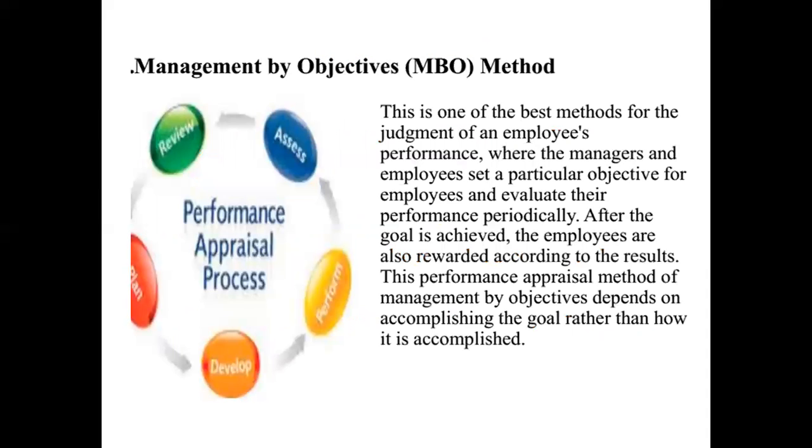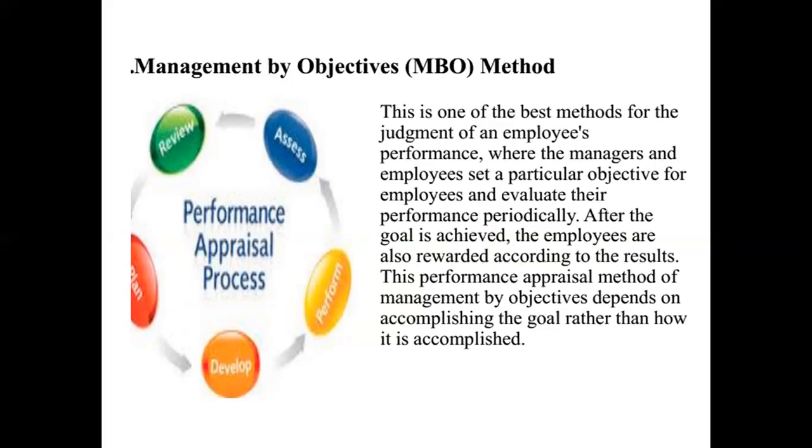Then there is another method, which is the management by objectives method. It requires management to set specific measurable goals with each employee and then periodically discuss the latter's progress towards these goals. Emphasis is on participatively set goals that are tangible, verifiable and measurable.